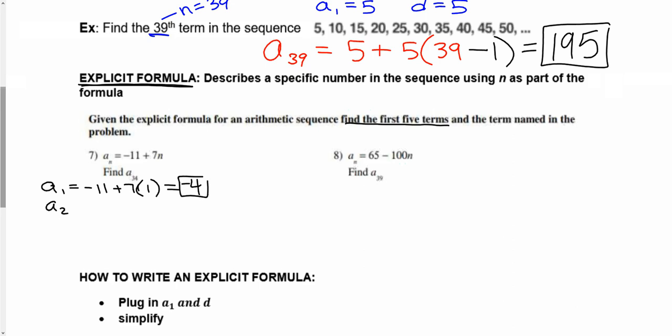Now I find the second number. What goes in the parentheses now? Yeah. You're going to notice whatever we put here, put it right here. So that answers 3.